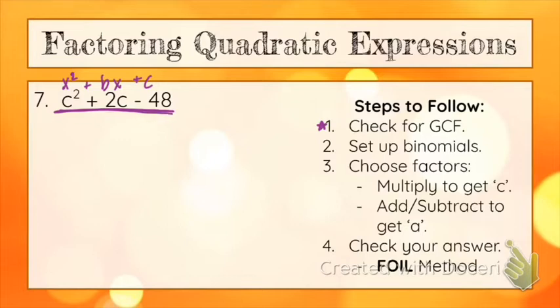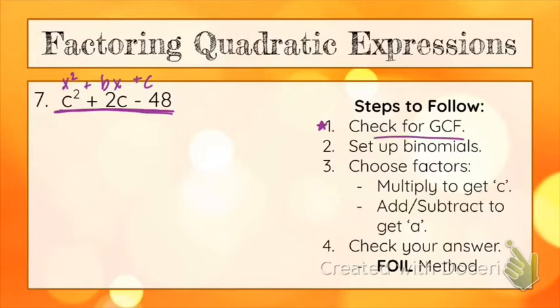And binomials mean they have 2 parts. So our answer is going to look like 2 sets of parentheses, and we're going to have a c here and a c here. And then it'll be plus or minus something, okay? But the first step in that is to check for a greatest common factor.